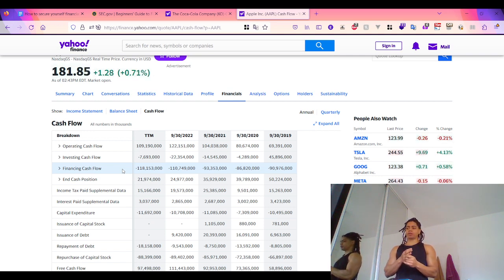And I also look at bank loans, for example. So you have bank loans, lines of credit, commercial papers.